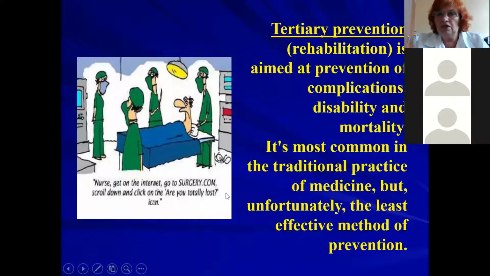Tertiary prevention, or rehabilitation, is aimed at prevention of complications, disability, and mortality. It's most common in the traditional practice of medicine, but unfortunately, it is the least effective method of prevention, when the man is ill.